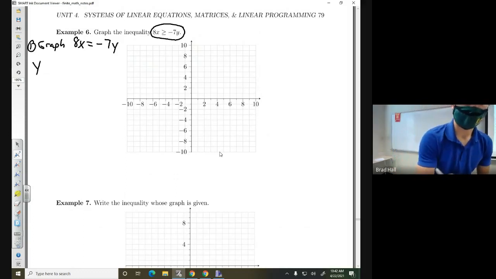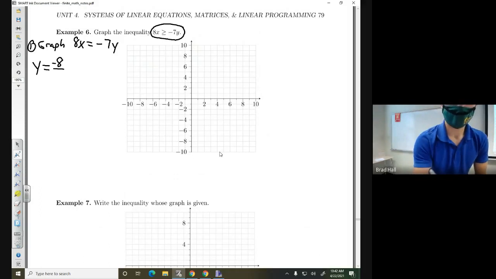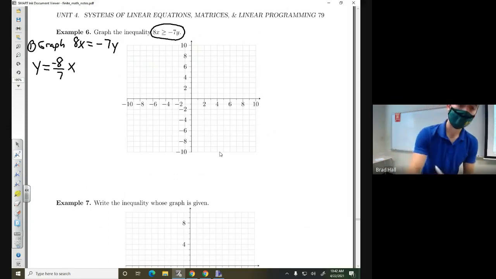I'm going to write this. If we divide by negative 7 on both sides, we already have slope-intercept form. All you have to do is divide both sides by negative 7. And that's the transition I did. And now we have slope-intercept form. Because if you try to find the x-intercept and the y-intercept, you won't get two distinct points, which means that won't help you.